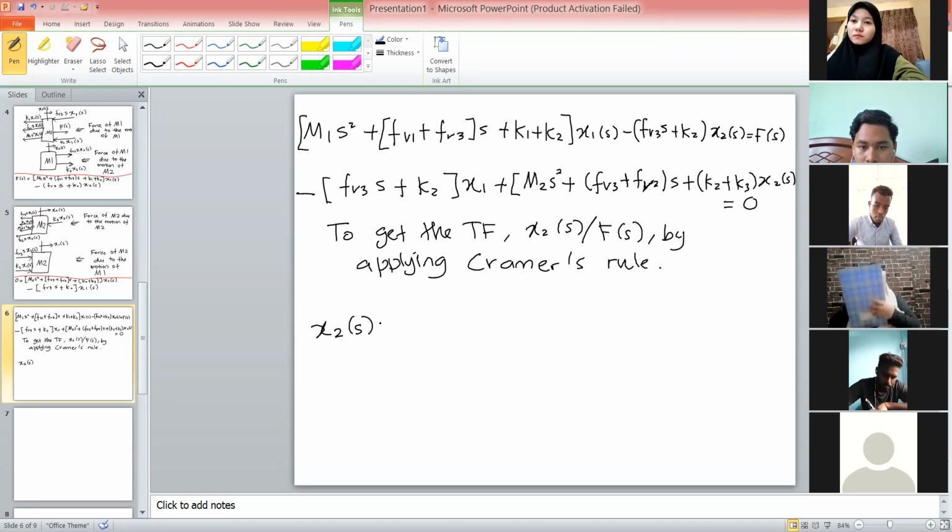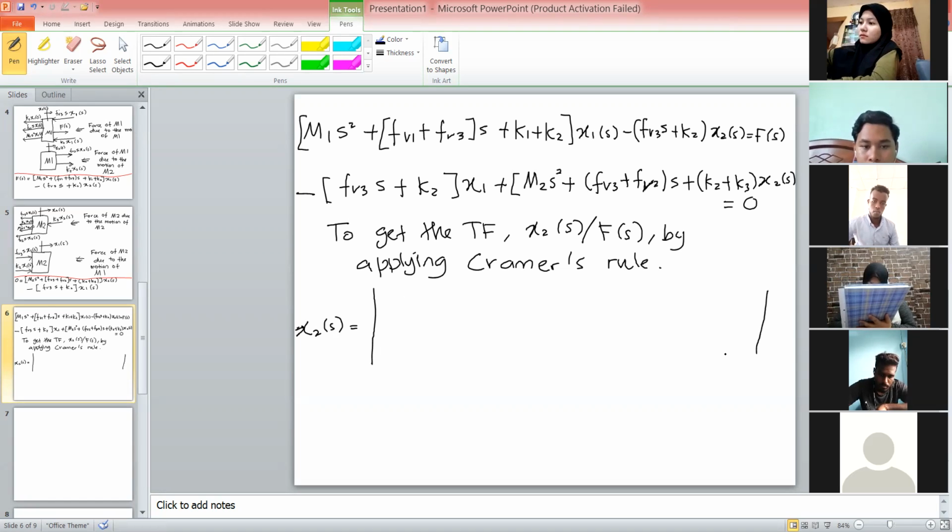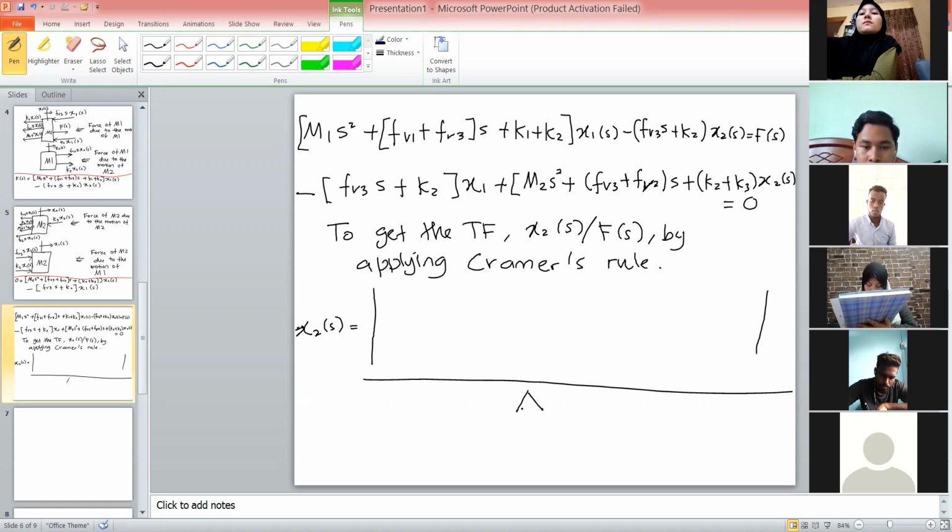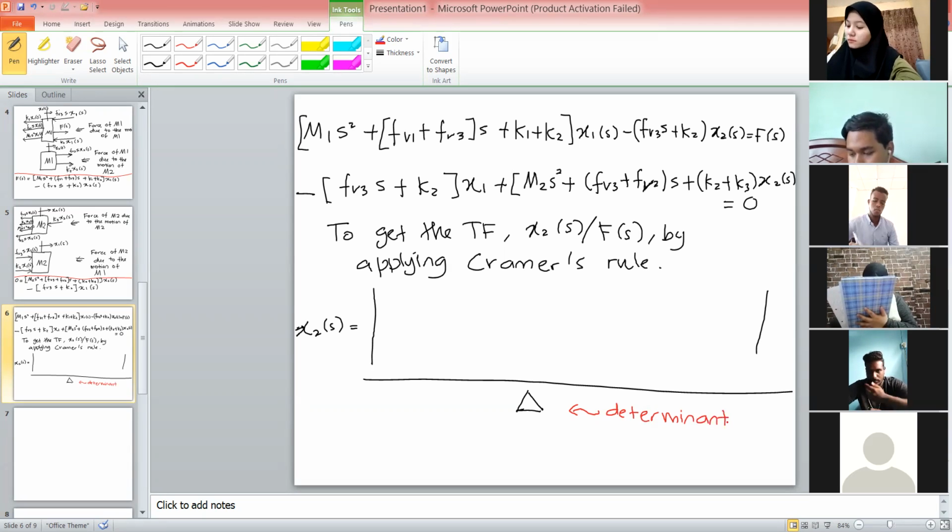With Cramer's rule, we do the straight lines, and then we need to put it over this, which we call the determinant, the triangle, okay?